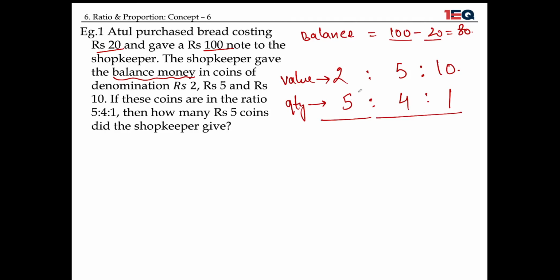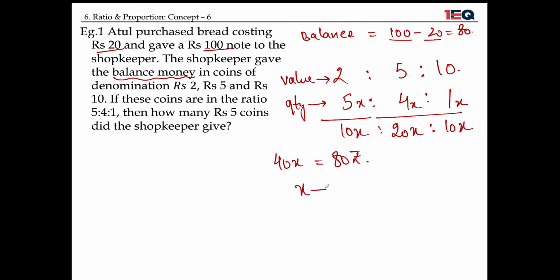Let's assume the quantities were 5x, 4x and x. Okay, so the total money that we have here is 10x is to 20x is to 10x. This means a total of 40x was there, and it was coming back in terms of 80 rupees.